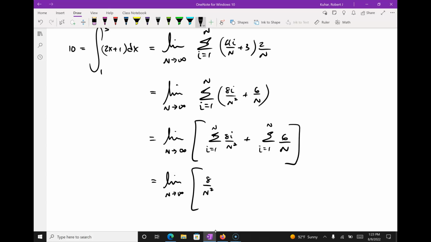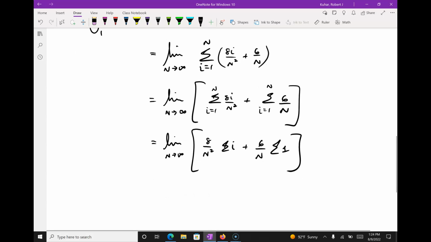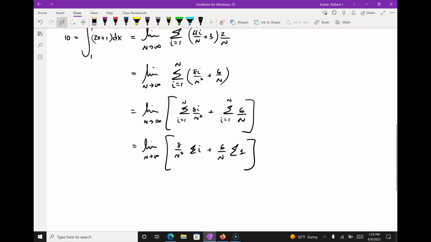So 8 over n squared times the sum of i plus 6 over n times the sum of 1. i is controlling the sum. It's telling me add the first one up, add the second one up, add the third one up, add the fourth one up. But I know a sum of i. I know these two things. I just gave them to you, right?